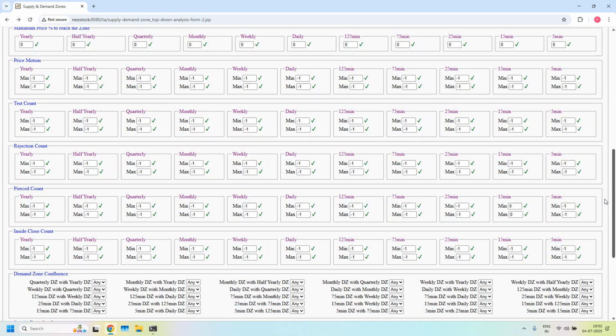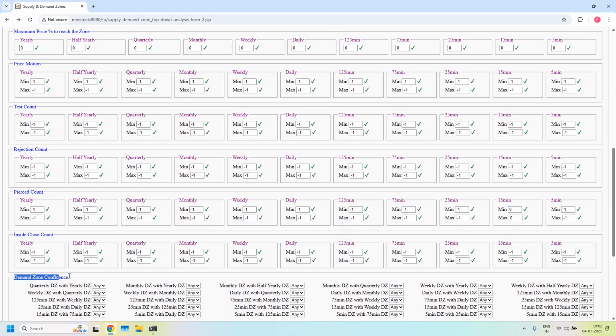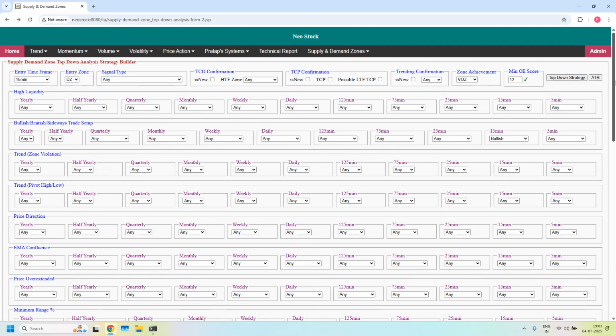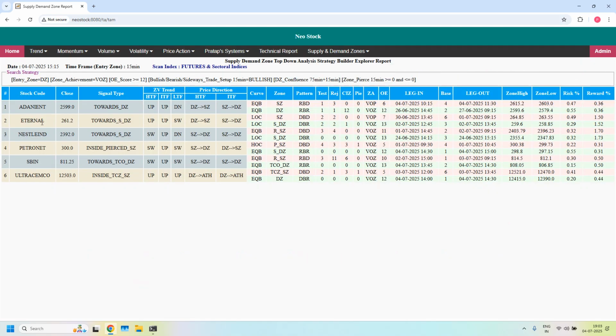Let's apply that filter. In the demand zone confluence, I am selecting 15 minutes demand zone with 75 minutes demand zone confluence. I enable the filter, applying on those 9 stocks. We got 6 stocks. In these 6 stocks, all these 15 minutes demand zones are overlapped with 75 minutes demand zone.